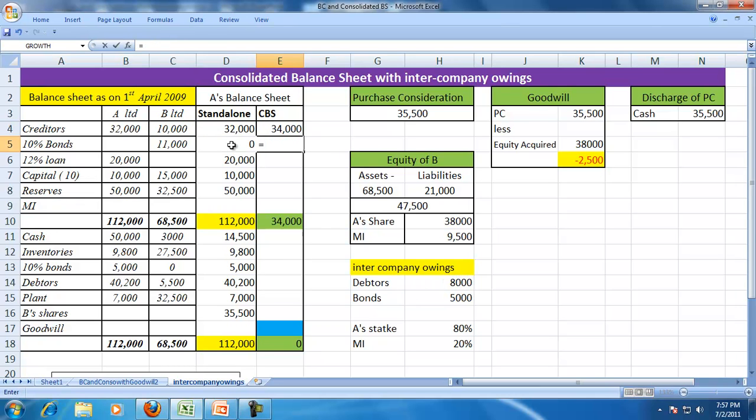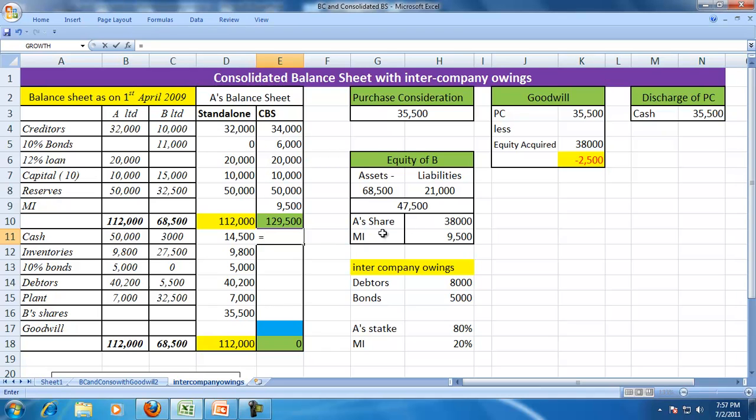The bonds will be 0 plus this minus 5,000, because that's an intercompany item. The loan, no change. Capital, no change. Reserves, no change. And the minority interest will appear.